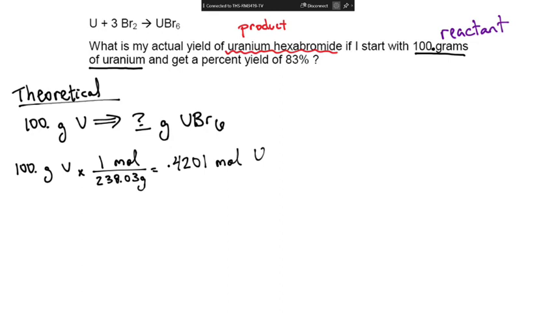All right, what's the mole ratio of uranium and UBr6 in this chemical reaction? Yeah, it's 1 to 1 again, huh? So I'll divide by 1, multiply times 1, or just realize, oh, that's the same number. But if they weren't ones, we might want to do our calculation there to be sure of it. But we know that's it. All right, and then we'll do our last step of the stoichiometry process. We'll go from moles to grams.